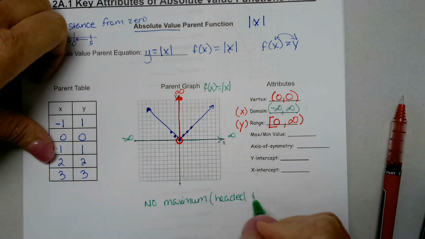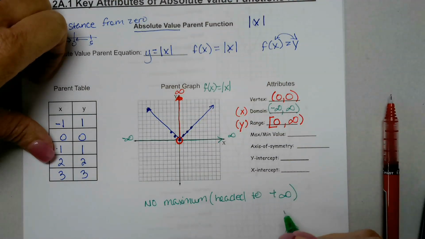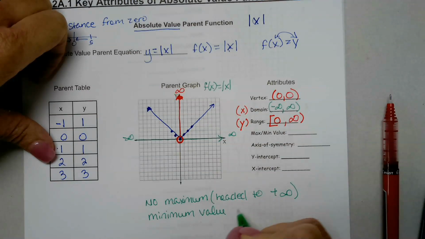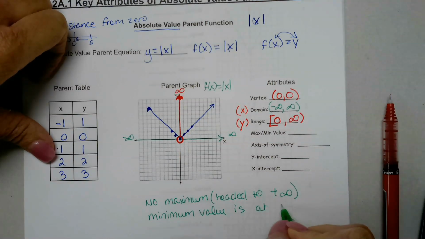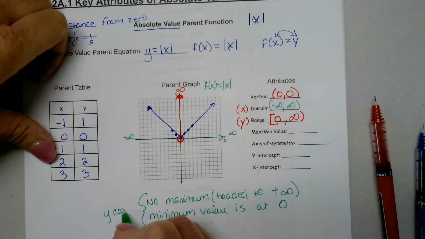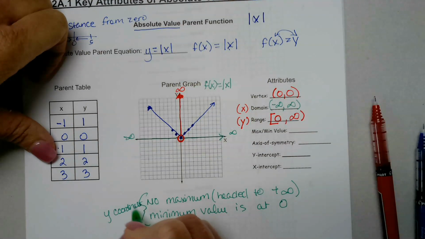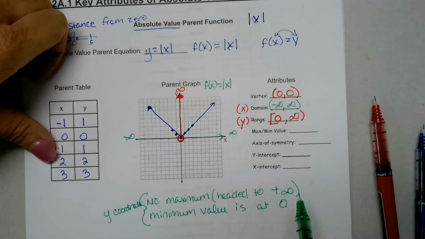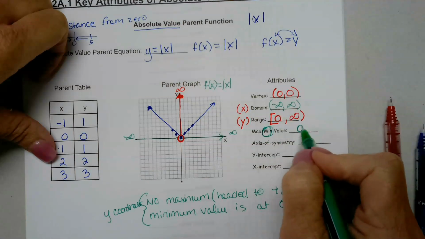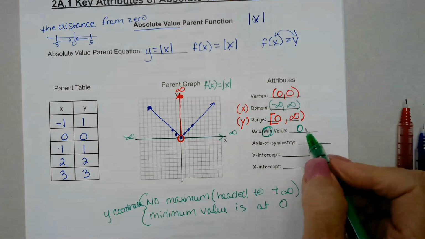But your minimum value is at 0. Your minimum value is at 0 right here. So we're going to look at your y coordinates to find where your maximum or minimum is. So our minimum is going to be at 0. We never go any lower than 0.